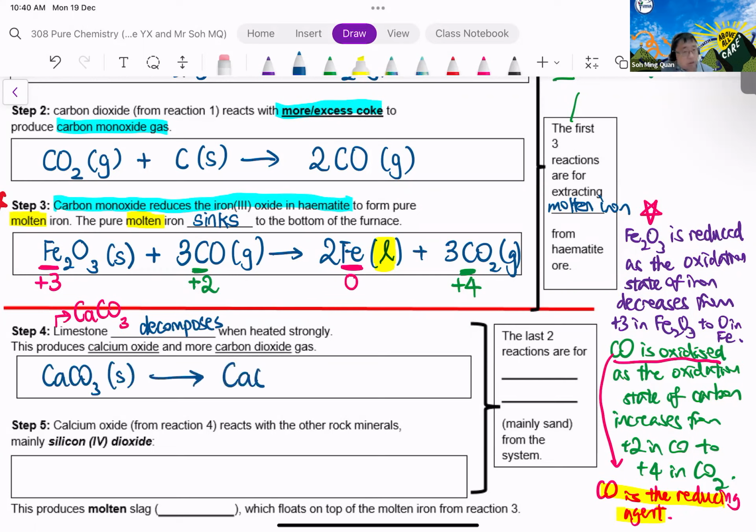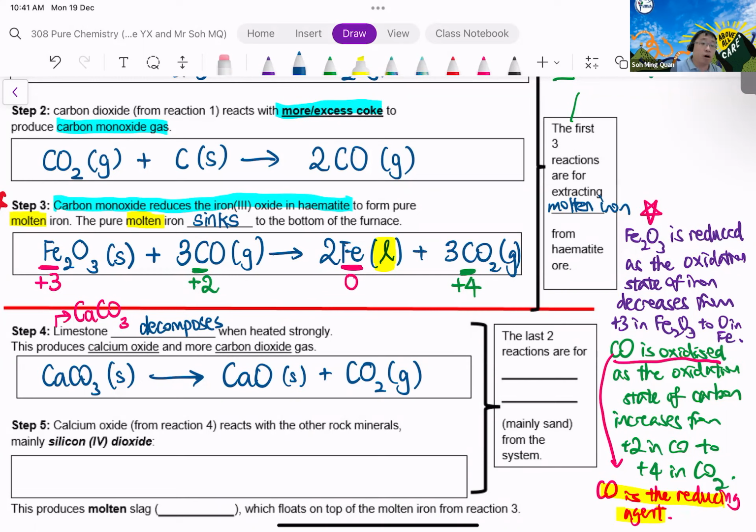If you recall, this will form the oxide and carbon dioxide gas. We have learned this under decomposition of carbonates, right? Carbonates decompose to form the metal oxide and carbon dioxide. So limestone is calcium carbonate. Calcium carbonate decomposes to form calcium oxide and CO2.